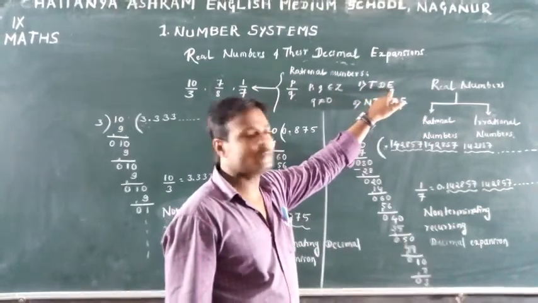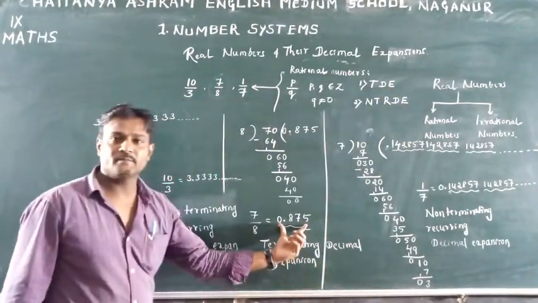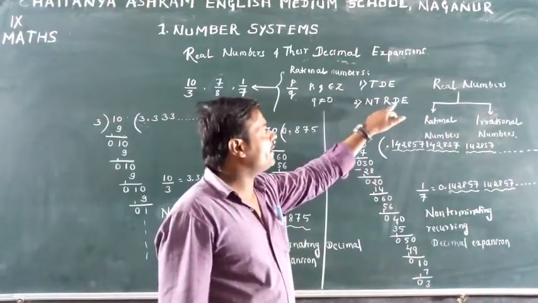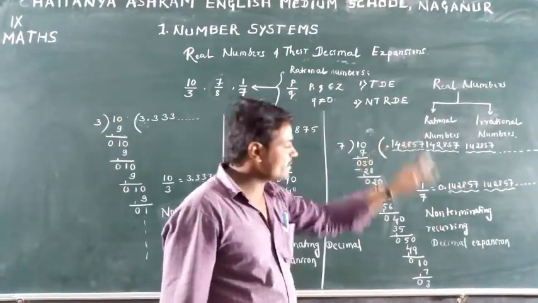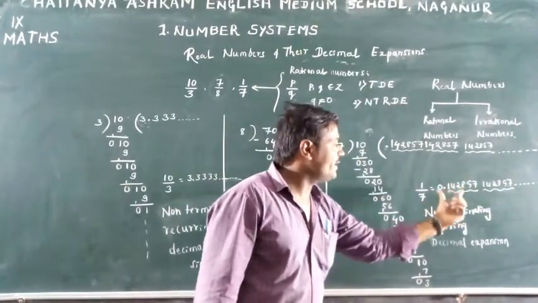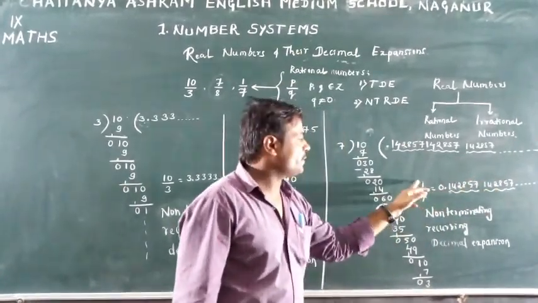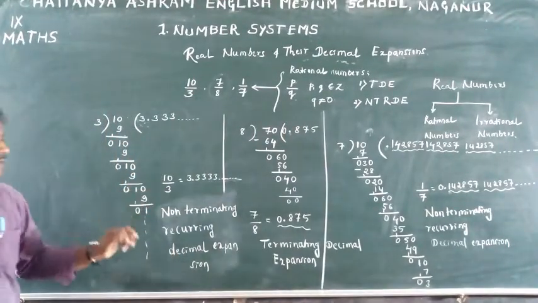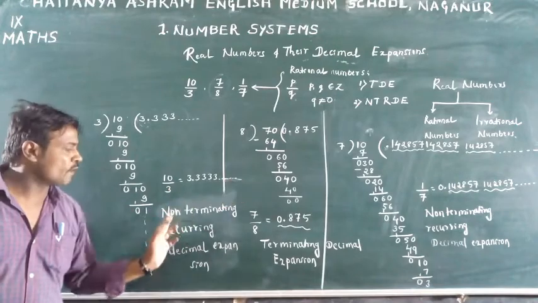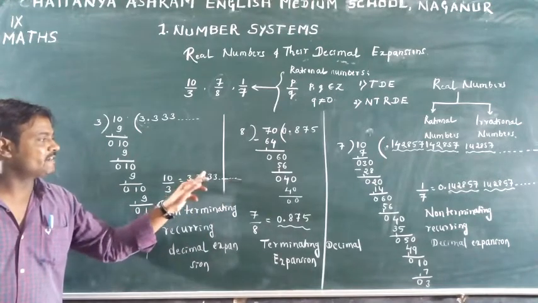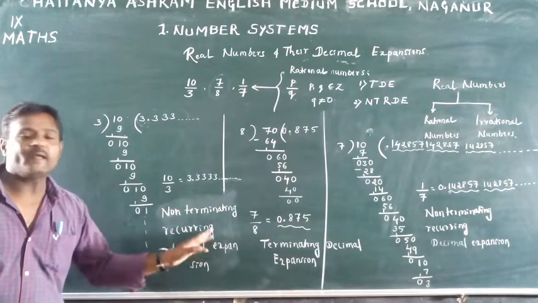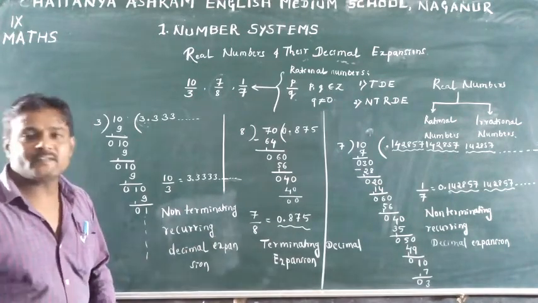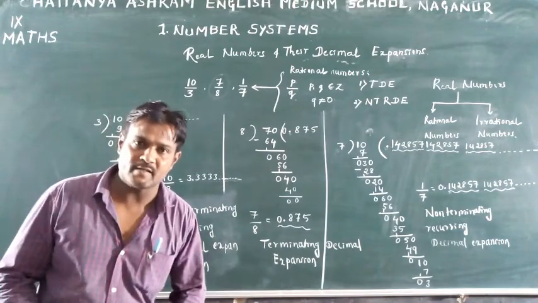Either terminating decimal expansion, that is division process ends, or non-terminating recurring decimal expansion, division process not completed and digits start repeating. For example, 1 by 7 and here 10 divided by 3. Here also division process not completed, so non-terminating, and the digit 3 starts repeating now, so recurring decimal expansion. So this is about rational numbers and their decimal expansion.